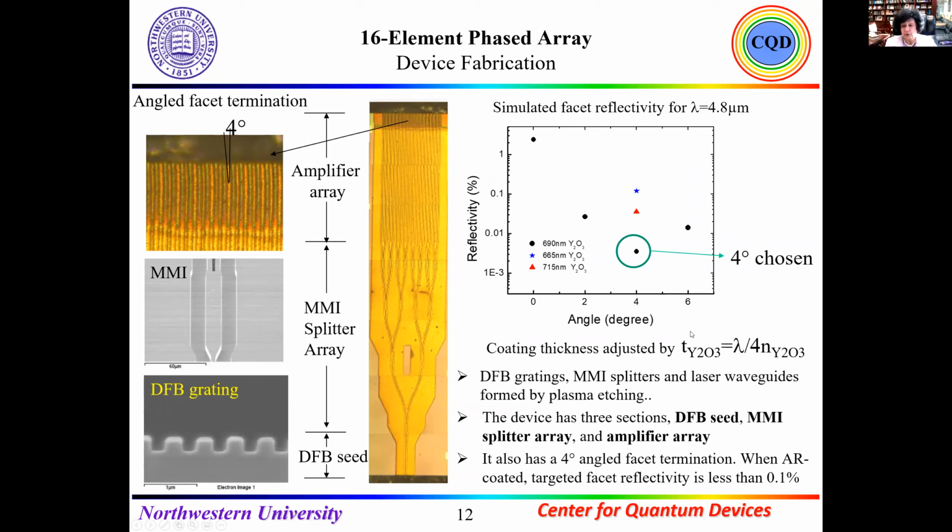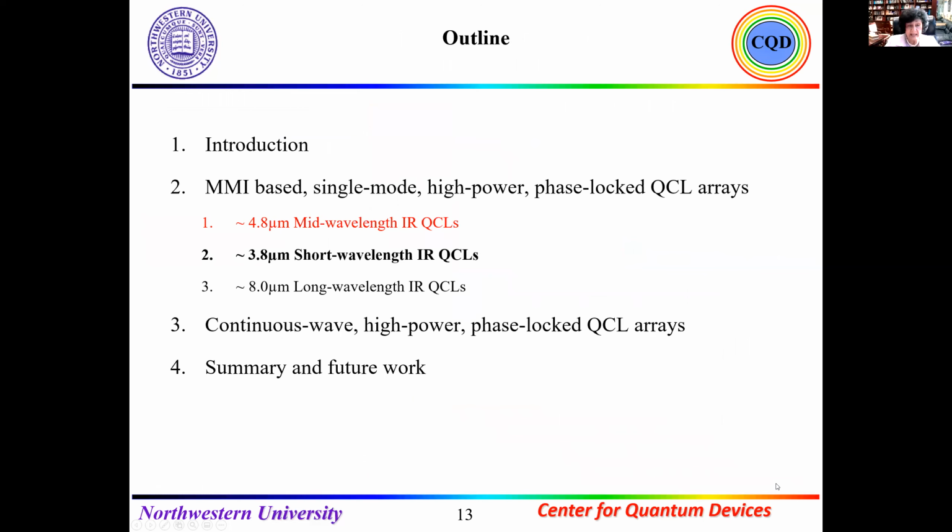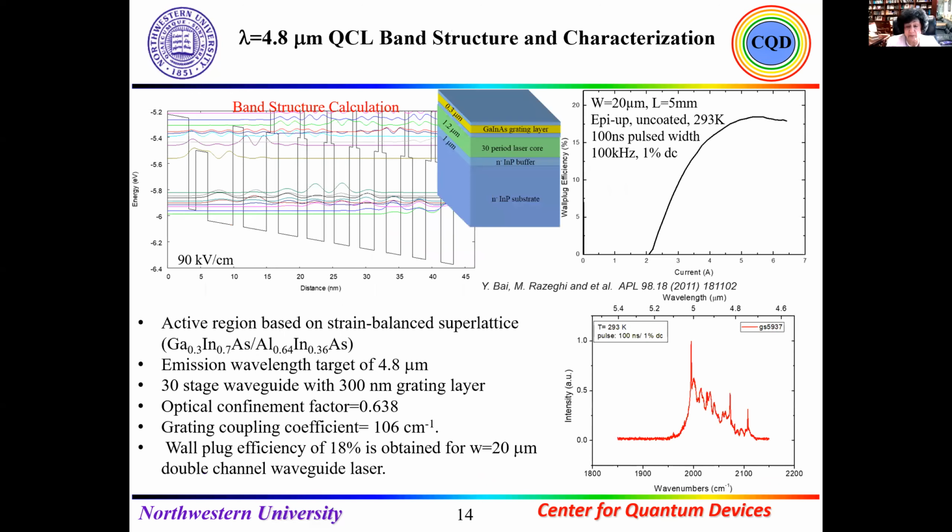We use yttrium oxide, and this is the reflectivity of the yttrium oxide with different thickness as a function of the angle. We chose the 4-degree angle with 690 nanometer yttrium oxide, which gives us reflectivity of less than 1%, and here we use that for the 4.8 micron wavelength. That is the design, and that is the result of the structure.